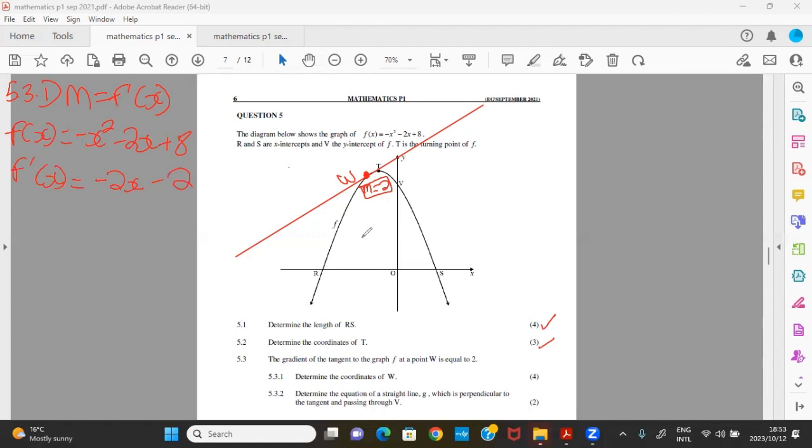But I know that at the point, my gradient is 2. So I'm just going to equate it to 2. So minus 2x minus 2 is equal to 2. It's just a matter of finding x. Minus 2x is equal to 2 plus 2, which is 4. I divide both sides by -2, I get x is equal to -2.